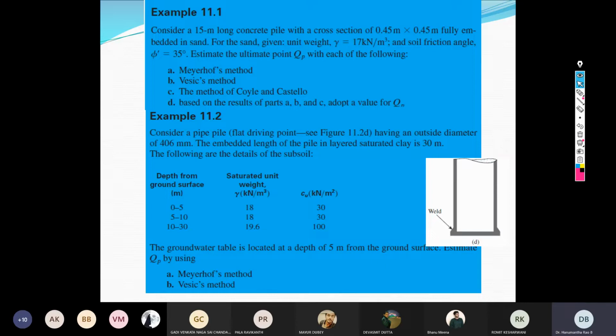The second sum is, consider a pipe having an outside diameter of 406 millimeter. The embedded length of the pipe in layered saturated clay is 30 meter. The following are the details of the subsoil.